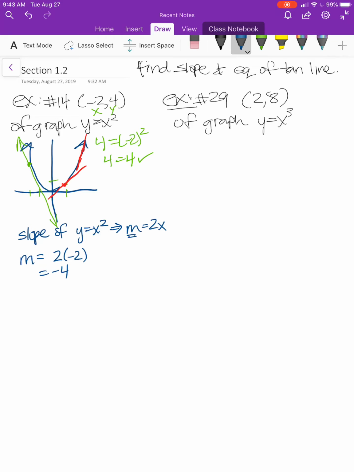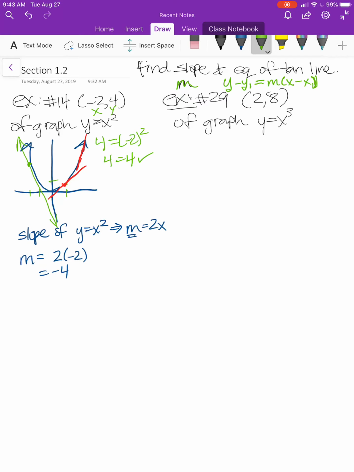In order to write an equation of a line, I'm going to write this equation up here. So slope we know is the m. Equation of a line in point-slope form, since we're going to use this a lot: y minus y1 equals m times x minus x1 in parentheses.